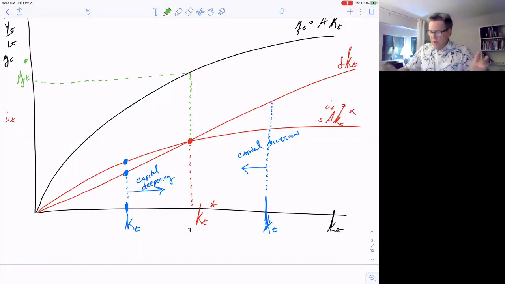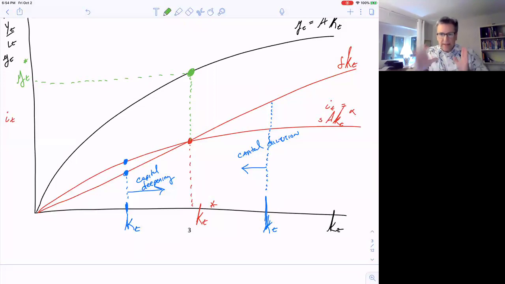So this means once we get to this steady state, income per worker, really output per worker, is steady at yt star. And that means there's no growth in the economy.